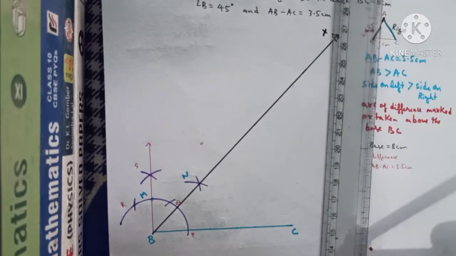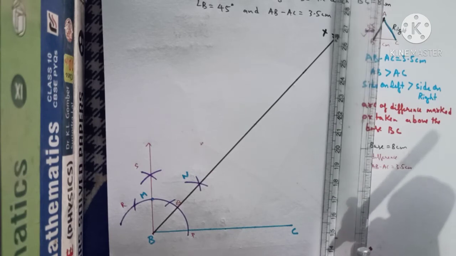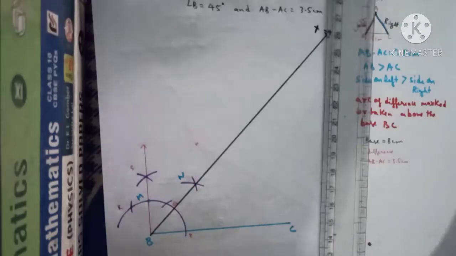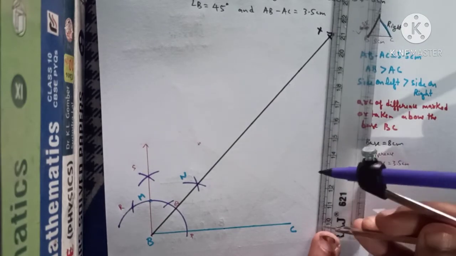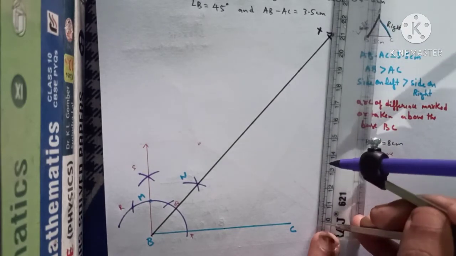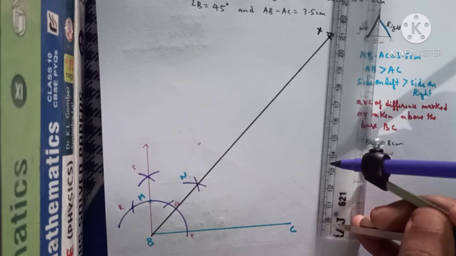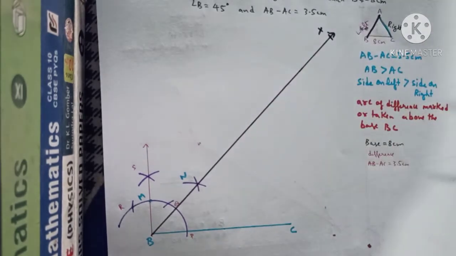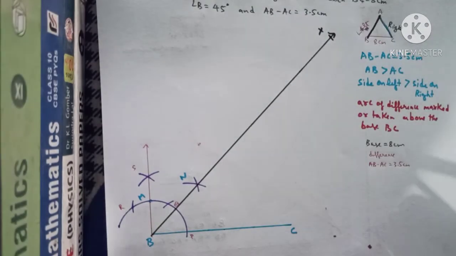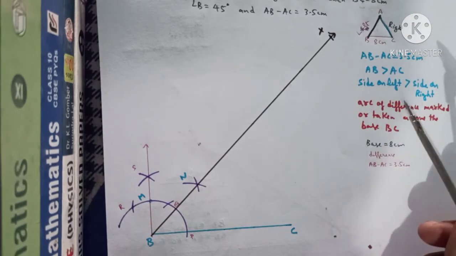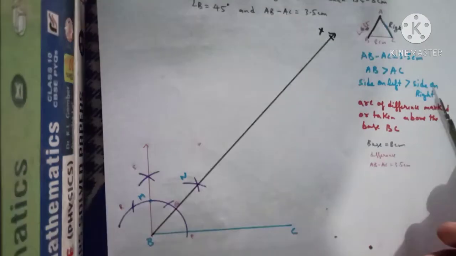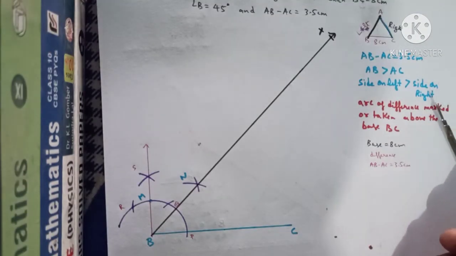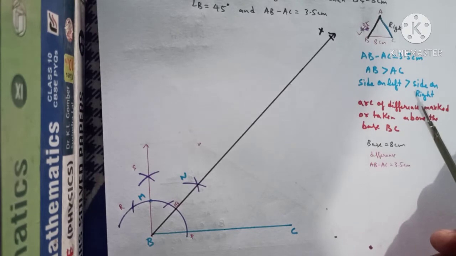With the help of compass and ruler, we will take radius equal to 3.5 centimeter. Now I have already told you, since the side on the left is greater than the side on the right, so we need to mark the arc of difference above the base BC.